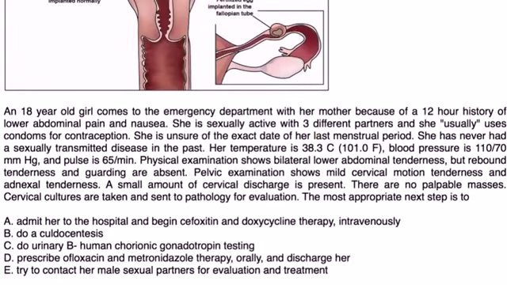An 18-year-old girl comes to the emergency department with her mother because of a 12-hour history of lower abdominal pain and nausea. She is sexually active with 3 different partners, and she usually uses condoms for contraception. She is unsure of the exact date of her last menstrual period. She has never had a sexually transmitted disease in the past. Temperature is 101, blood pressure is 110/70, pulse is 65.